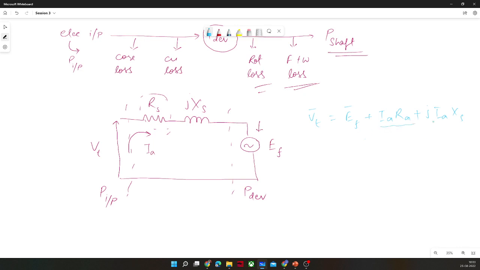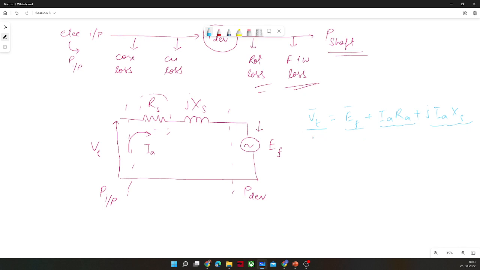This is the resistive drop. This is the armature or synchronous reactance drop. This is the excitation EMF, which is responsible to establish the flux or field inside the machine. And this is the input.